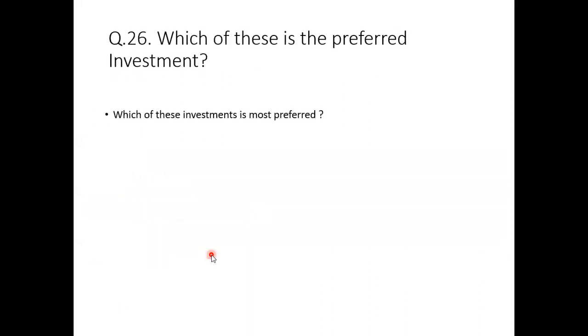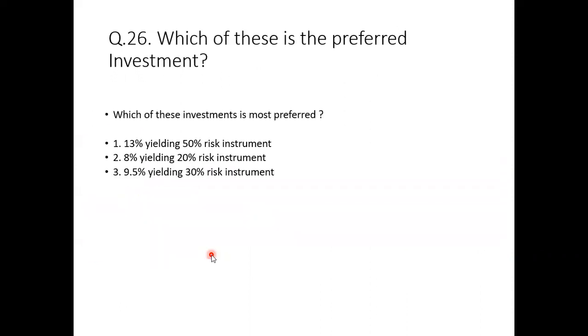26. Which is the preferred instrument? This question we have discussed earlier in our revision. There are three instruments they will give. 13%, 50% risk, 8% return. This 13 is the rate of return. This 50 is the risk of default.